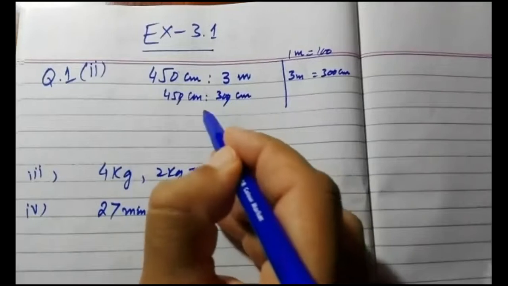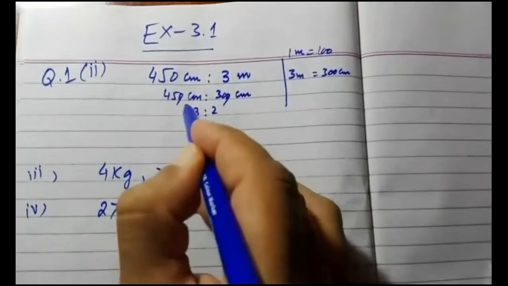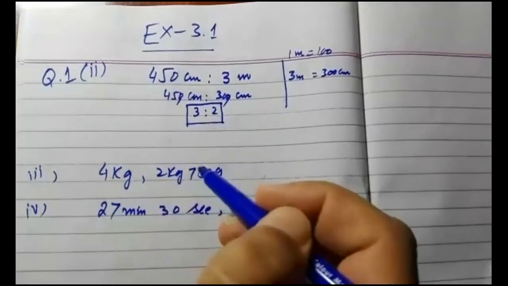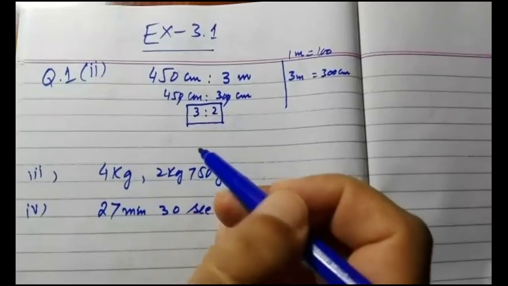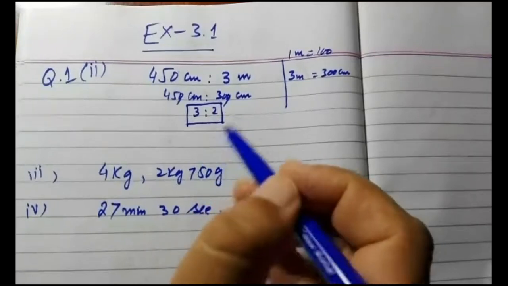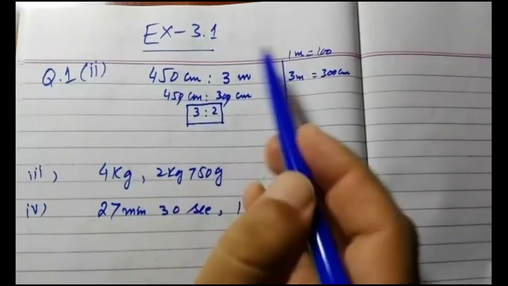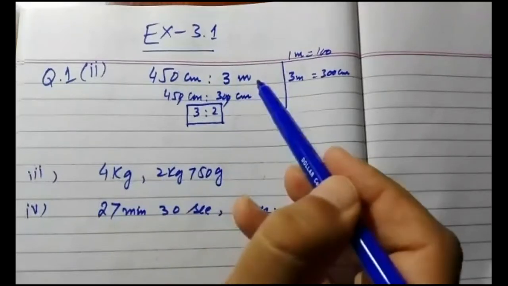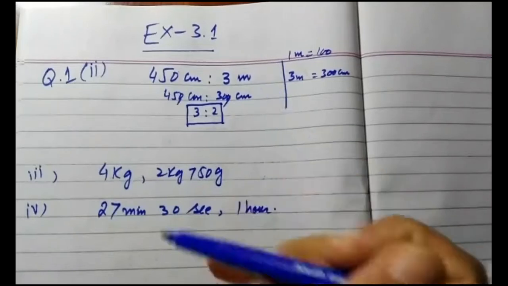And if you cancel it with 15, 15 twos are 30 and 15 threes are 45. In simple words, because we are asked to simplify the given ratio into lowest form, it means that you have to cancel it out until no further cancellation can be done. So this is the simplest ratio. 3 ratio 2 is the ratio of 450 centimeters and 3 meters. If they are simplified in a ratio, it will be simplified like this.